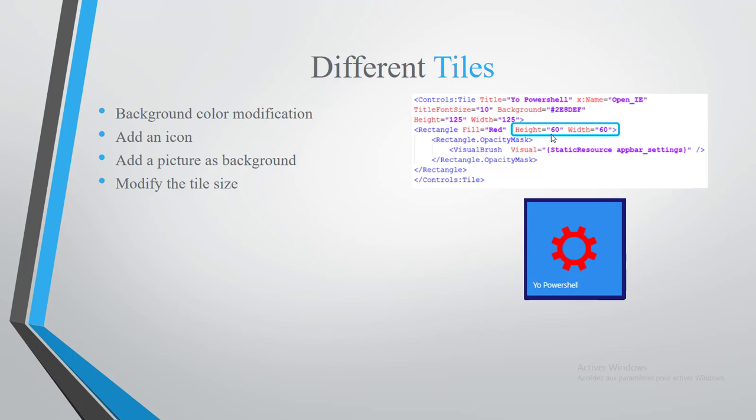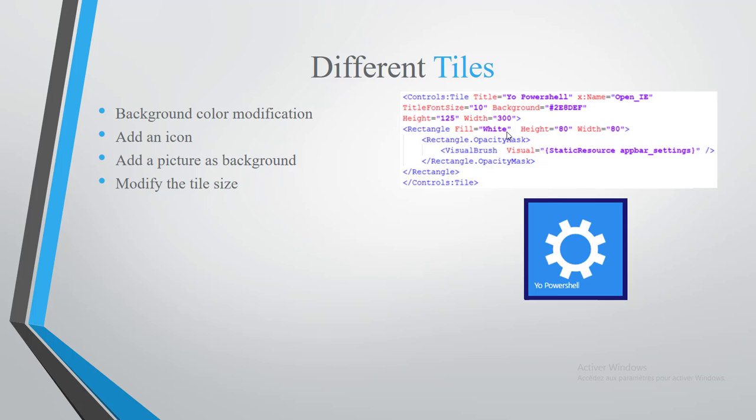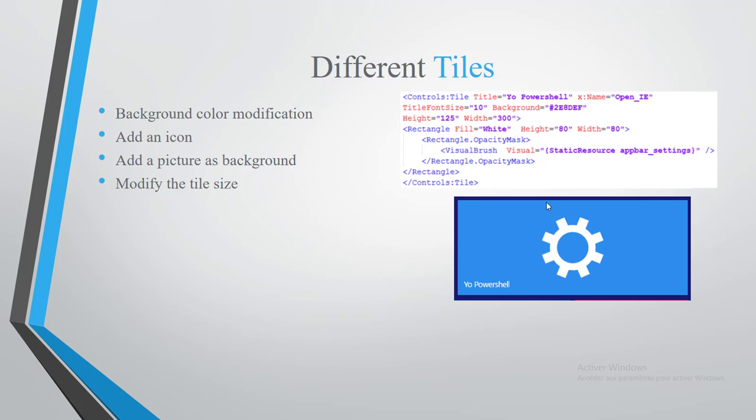If we want to change the size of the icon, change the height or width value of the rectangle part like this. This will change the icon size. If we want to change the tile width, just change the width attribute of the tile like this and this will change the width.